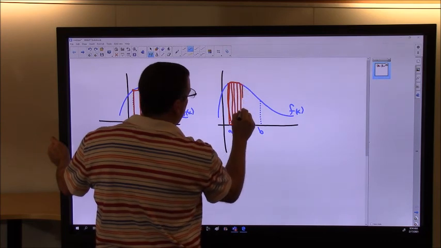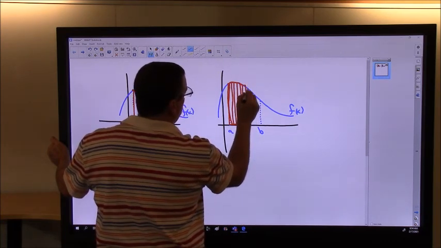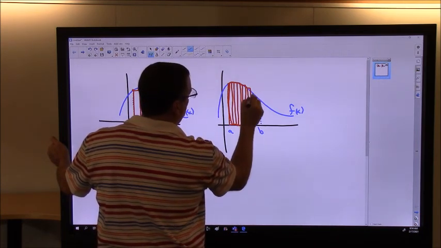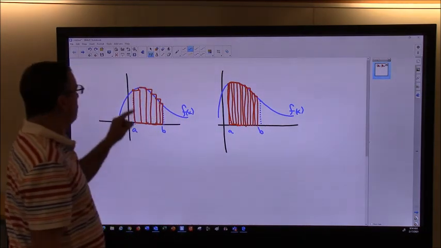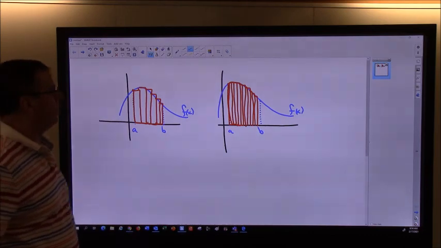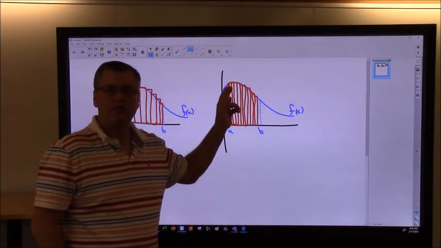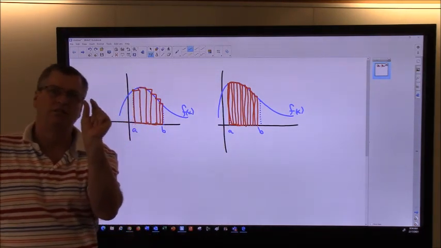And what you can see is, I'm still getting a little extra area here, but I'm not getting as much extra area. These are really bad rectangles. I'm not getting as much extra area as I got over here. But I still got too much, right? So how do I fix that? Well, I let the width get even smaller and smaller.